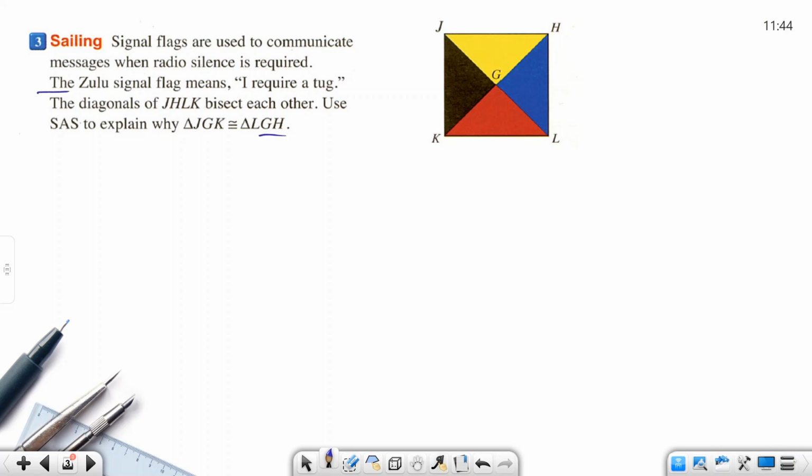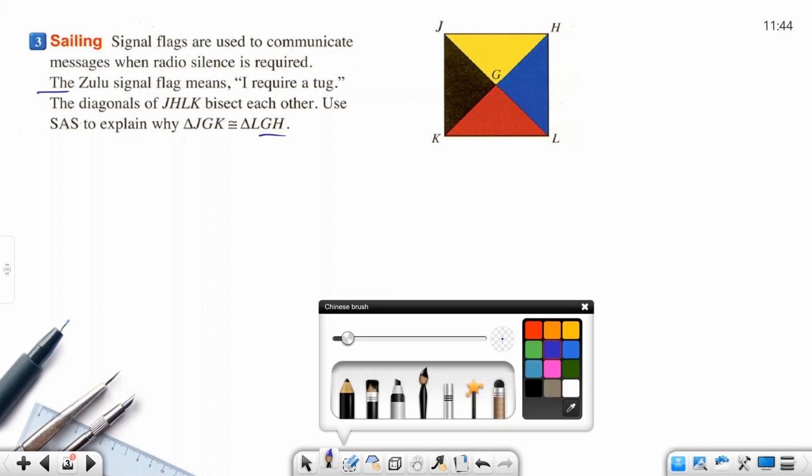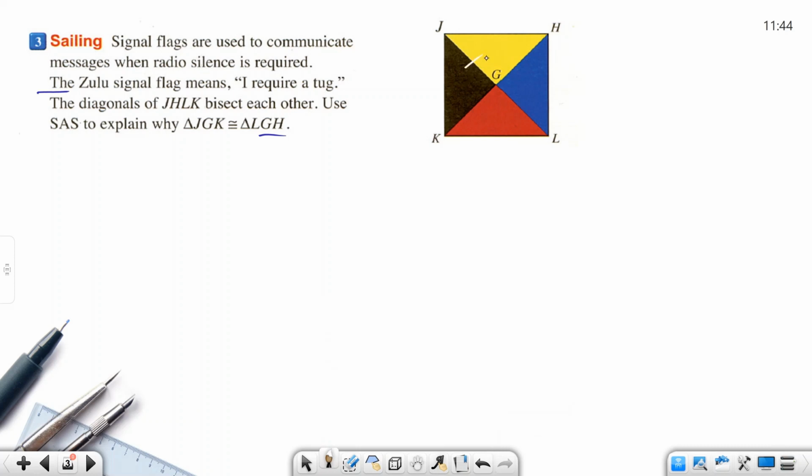The diagonals of GHLK bisect each other. So when the diagonals bisect each other, I will use white here. This means they have the same mark, so they are congruent. So explain why triangle JGK and triangle LGH are congruent.